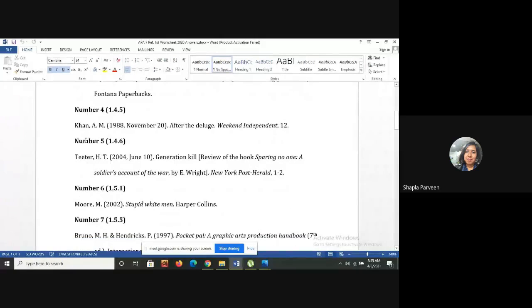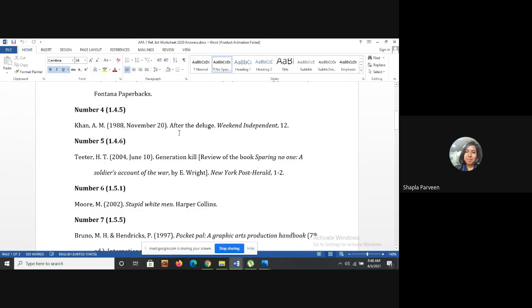Here it is. The last name of the author is Khan, followed by the initial of the first name, and the middle name initial, A.M. Here you can see the year of publication, and the month and date are given, because it's a newspaper article.